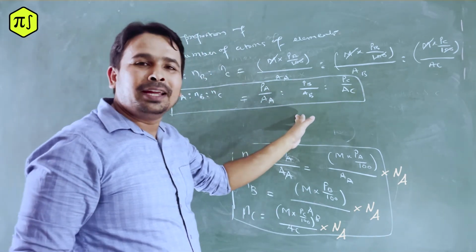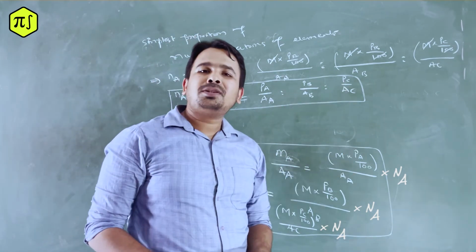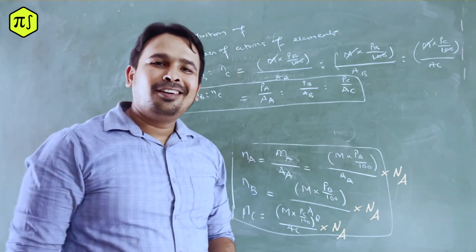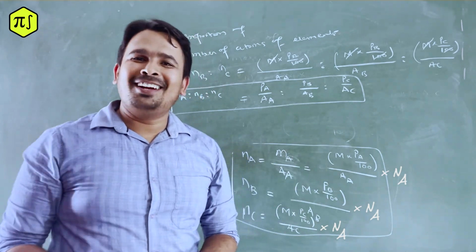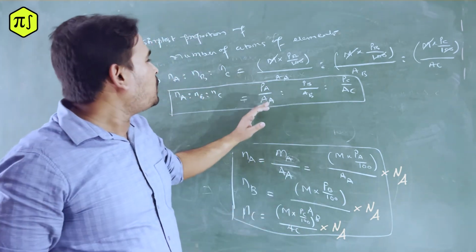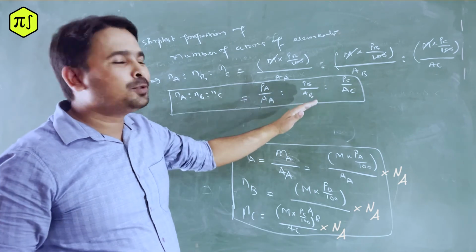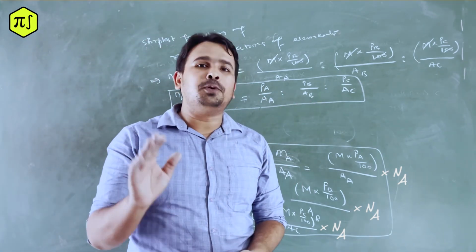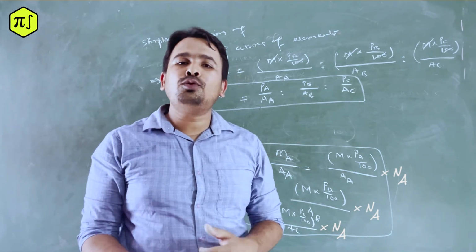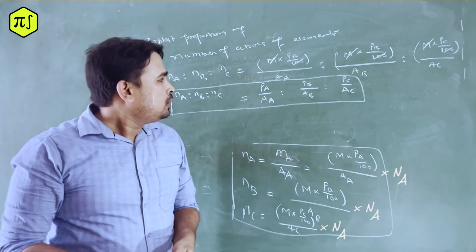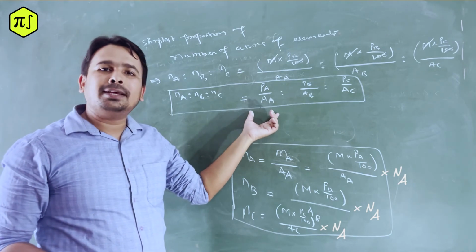I think something will be clicking in your mind right now, right? So why are we doing so, guys? Now it's clear to you. It's to find the simplest proportion of the number of atoms. Now you are able to derive it, guys.